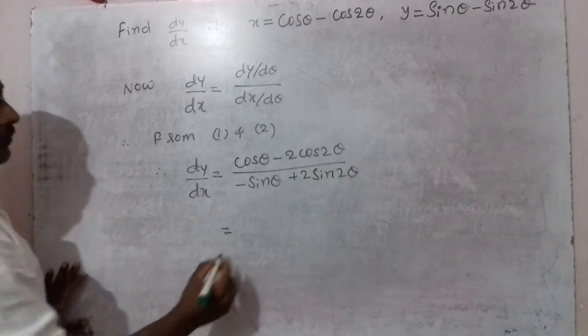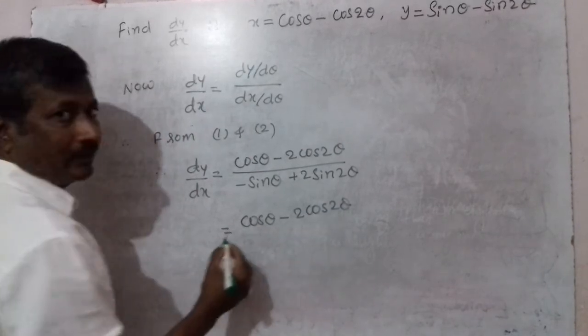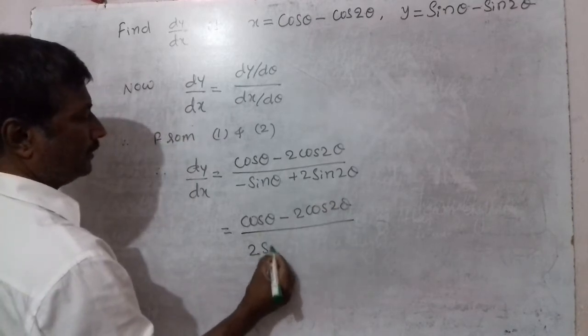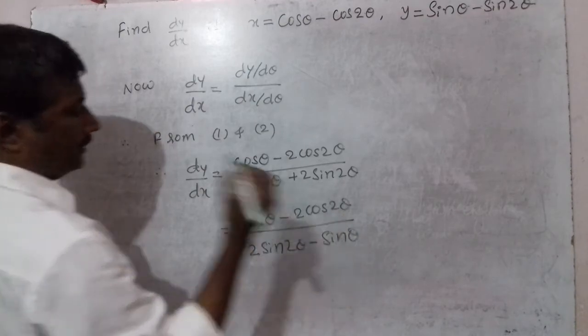This equals cos theta minus 2 cos 2 theta divided by 2 sin 2 theta minus sin theta.